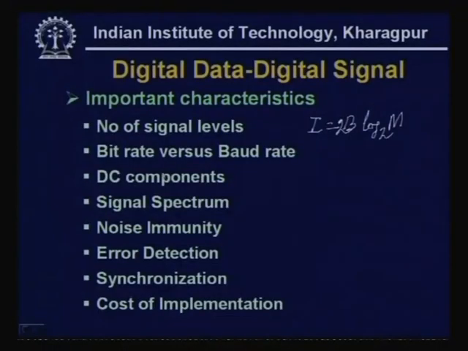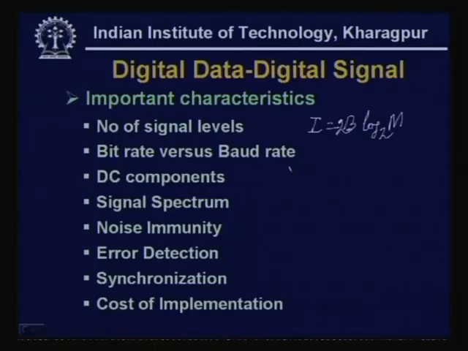Then comes the question of bit rate versus baud rate. As I have explained in the last lecture, the bit rate is essentially the data rate at which the signal is transmitted. On the other hand, the baud rate is essentially the number of signaling elements. The number of signaling elements used can be more than the data rate or less than the data rate.